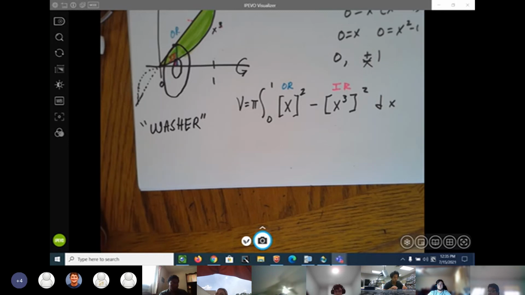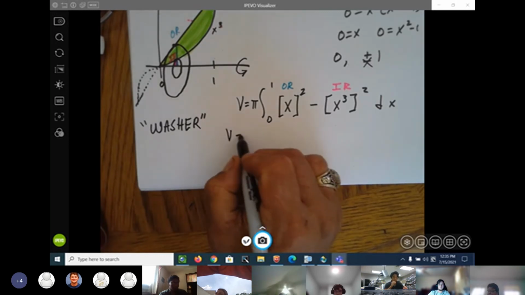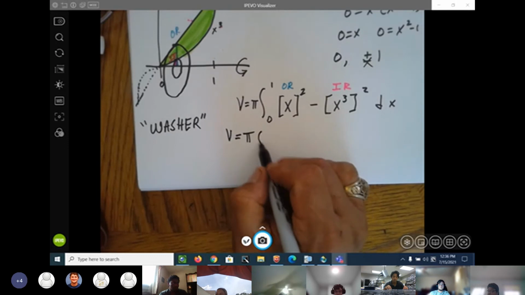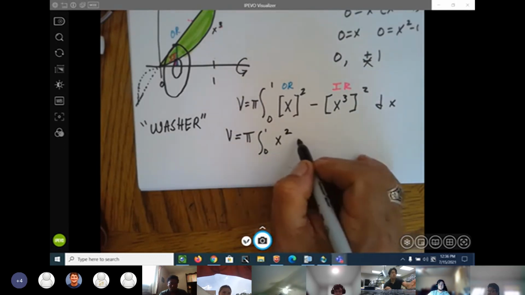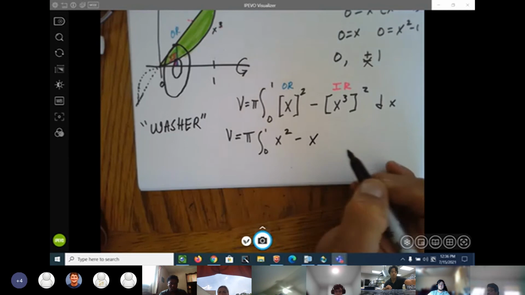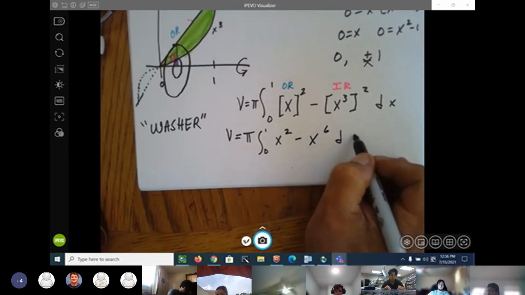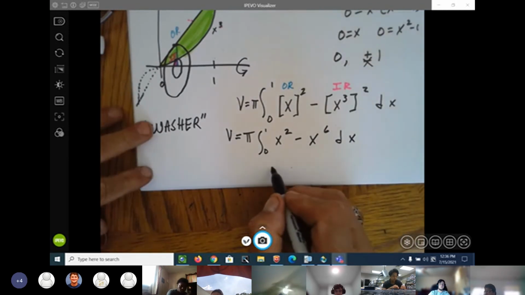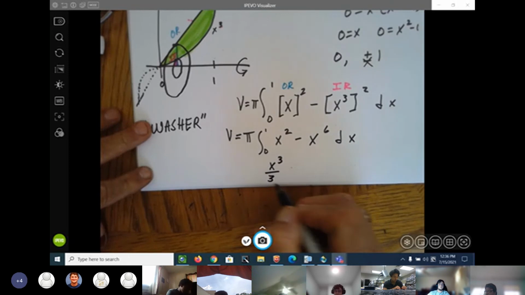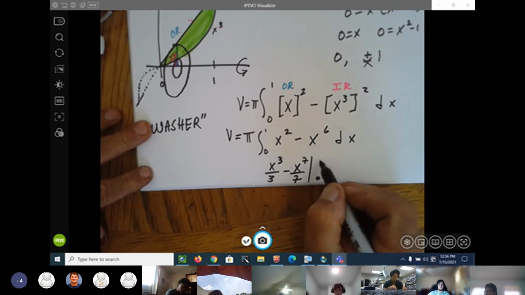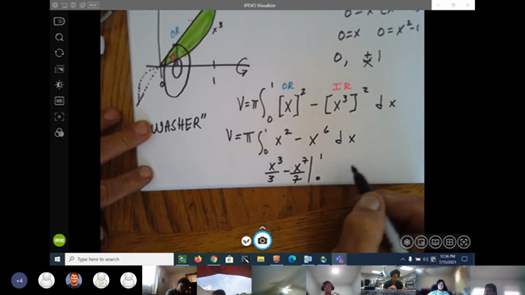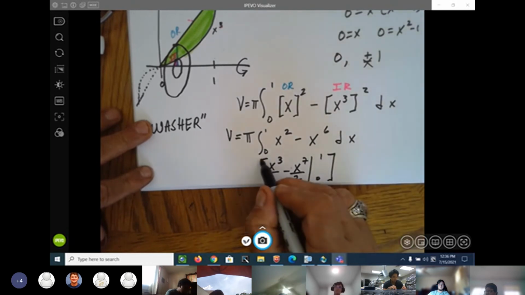So that's going to be V is equal to pi times the integral from 0 to 1 of x squared minus x to the 6th. So that's going to be x cubed over 3 minus x to the 7th over 7, evaluated at 0 and 1, multiplied by pi.